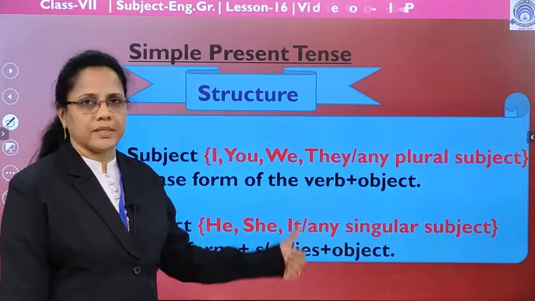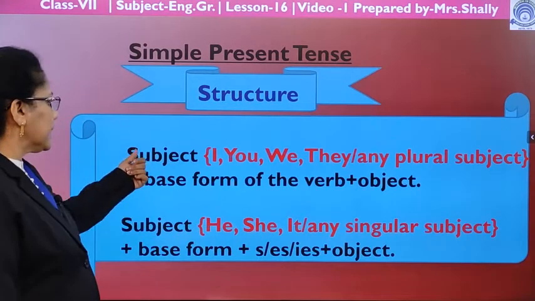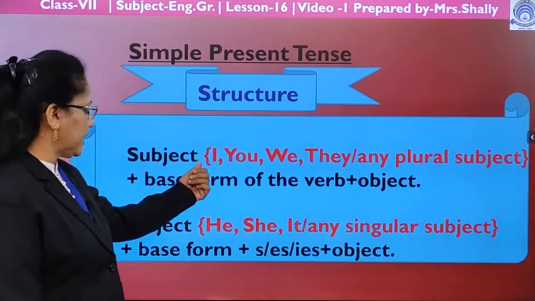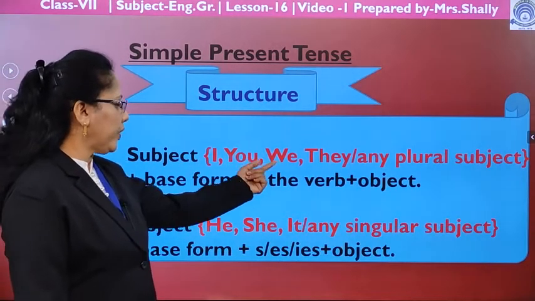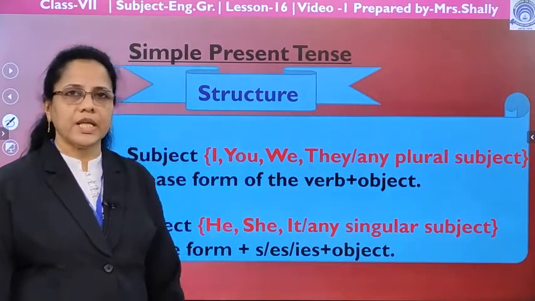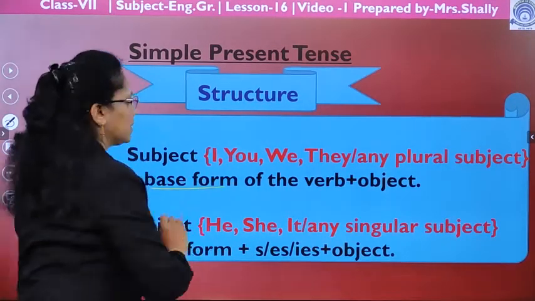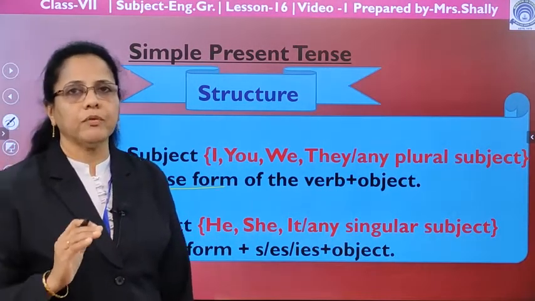Now let's see the structure, how to form a sentence in simple present tense. If the subject is I, you, we, they or any other plural subject, then the structure is subject plus base form of the verb plus object.